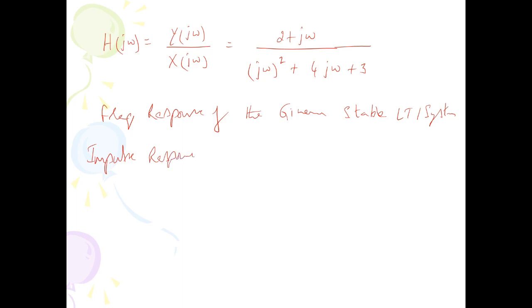The impulse response is represented with h of t, and from this H(j omega) we have to take the inverse Fourier transform. The inverse Fourier transform of H(j omega) is nothing but the impulse response. How do we get it? By taking the inverse Fourier transform.